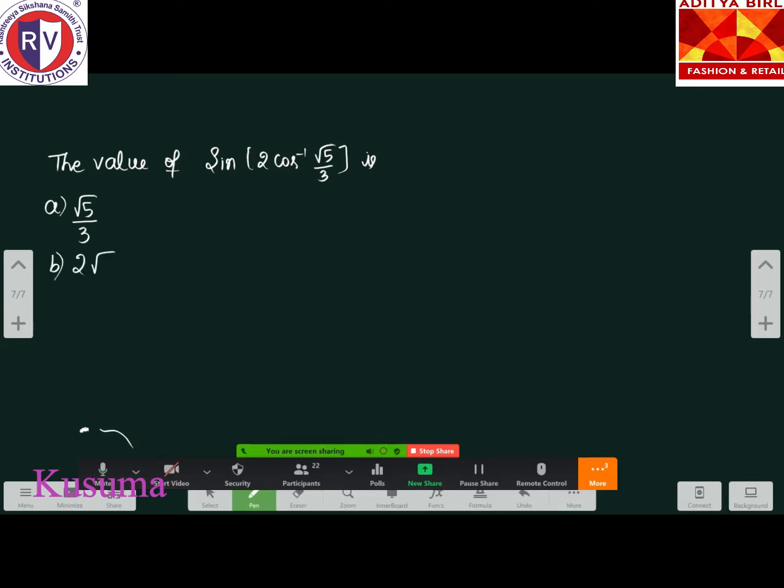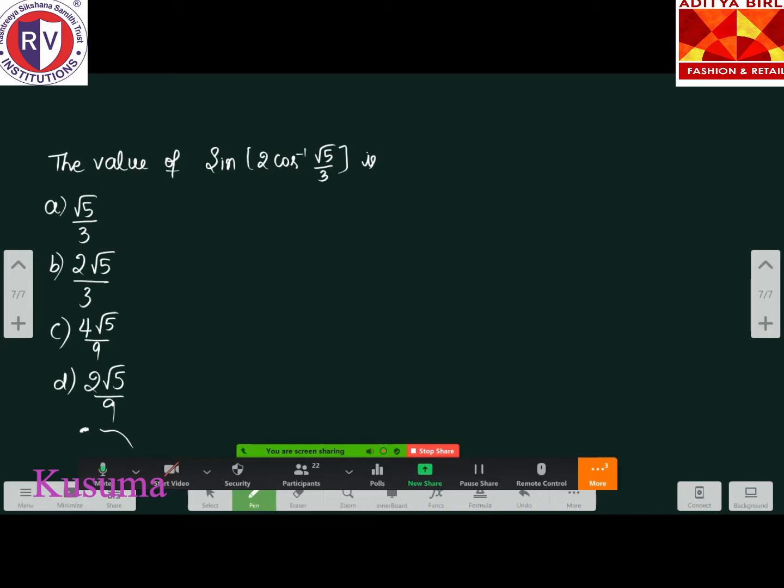Option B is 2 root 5 by 3. Option C is 4 root 5 by 9. And option D is 2 root 5 divided by 9.